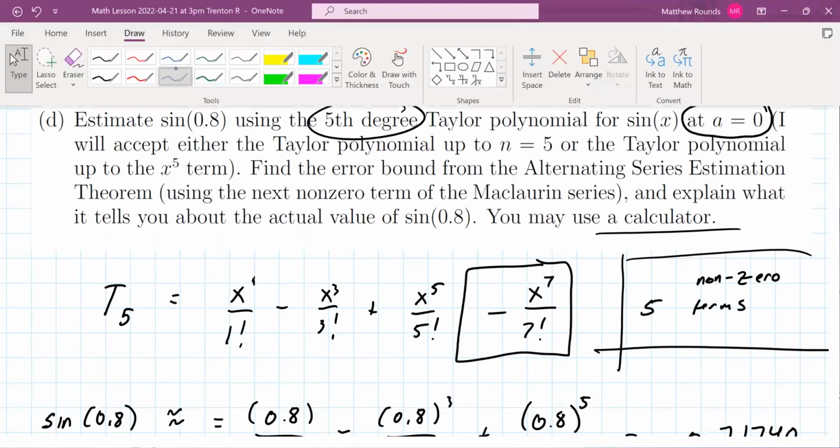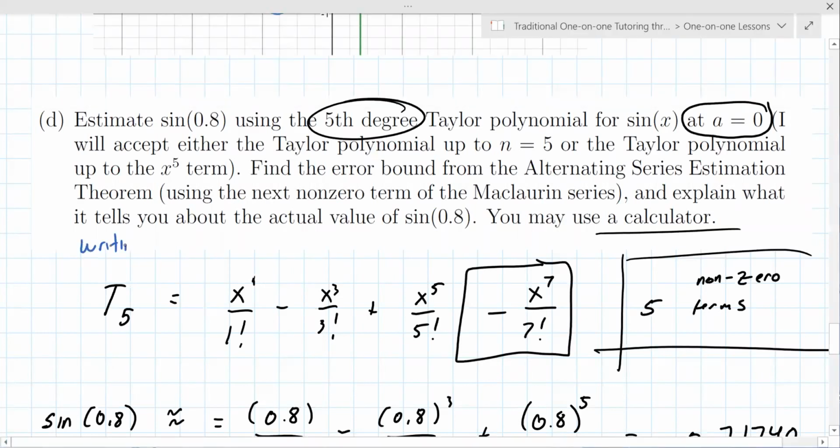So you're writing the non-zero terms from above, from your formula from above. That's what you did here. This is the error term. It's the next non-zero term. Okay.